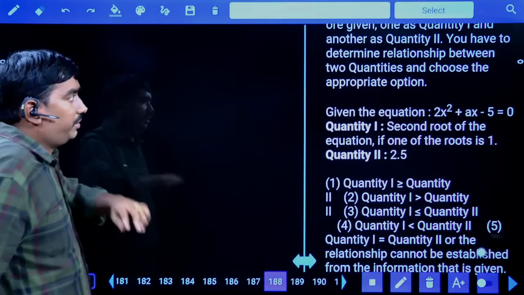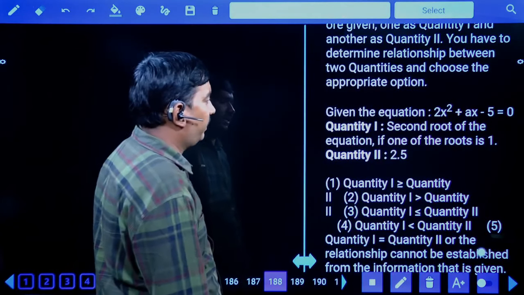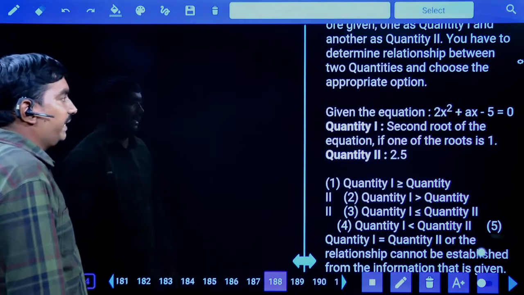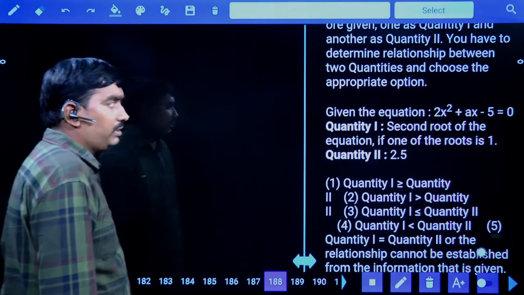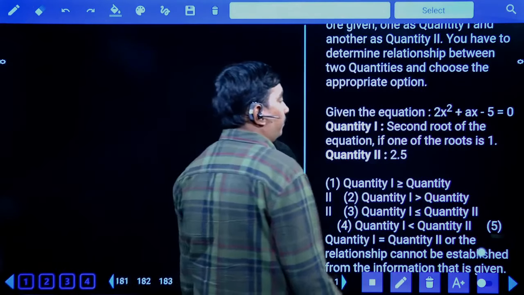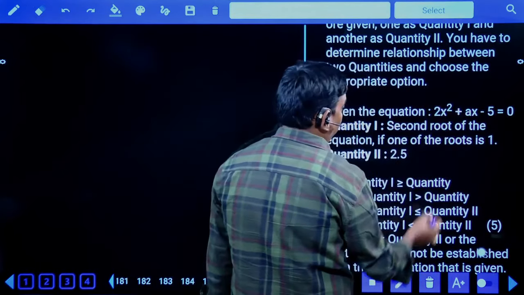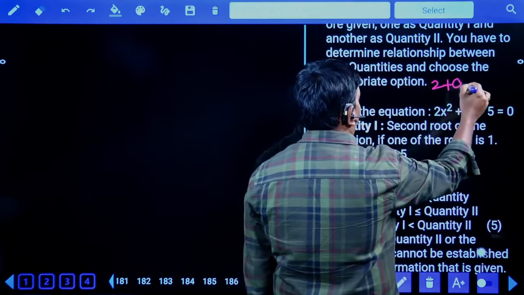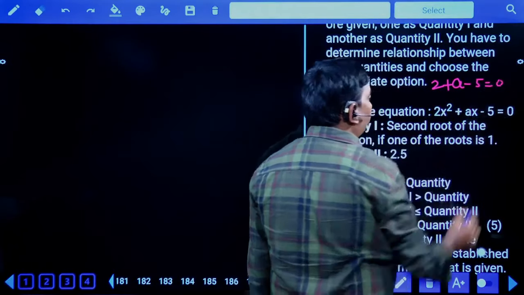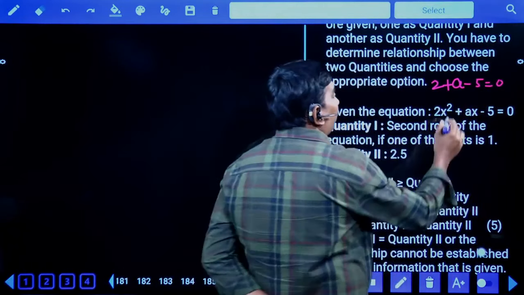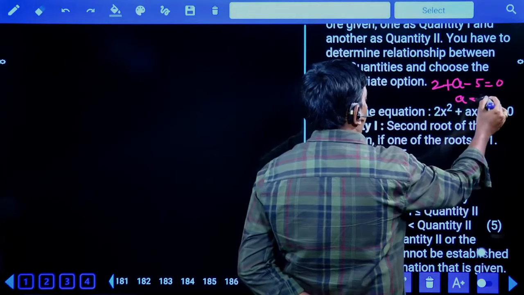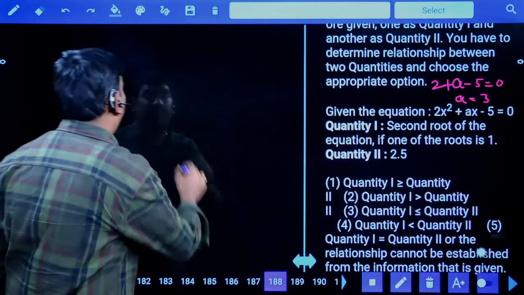In the given equation 2x square plus ax minus 5 is equal to 0, find the second root of the equation if one of the roots is 1. Just substitute x value 1. If x value is 1, 2 plus a minus 5 is equal to 0, so a is equal to 3.